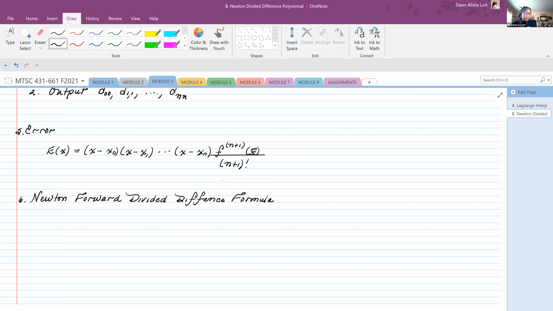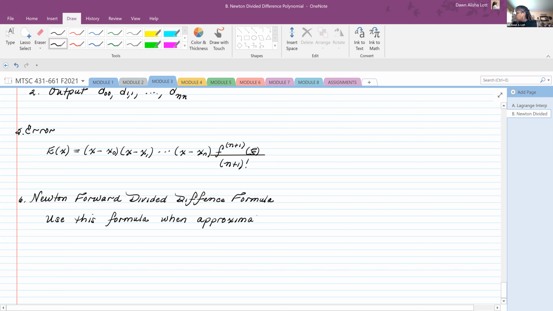You use this formula when approximating f of x for x0 less than x less than xn, and x is close to the end of the tabulated values.